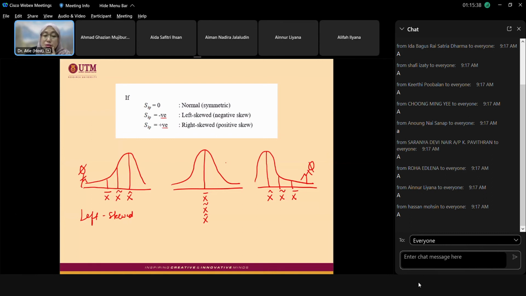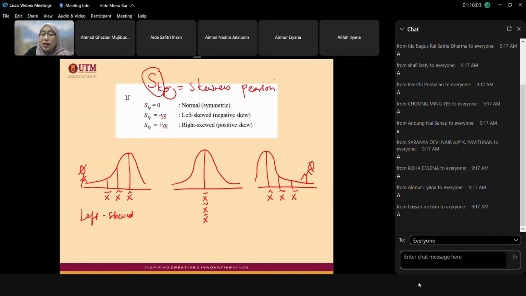We can also check how steep the hill is that we need to climb by calculating the skewness value, which is called SKP, right? SK is skewness, and P stands for Pearson.